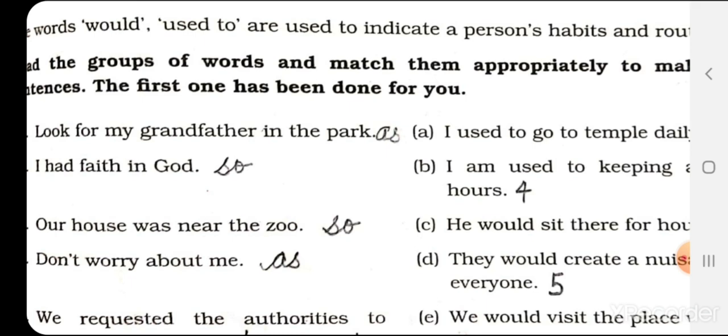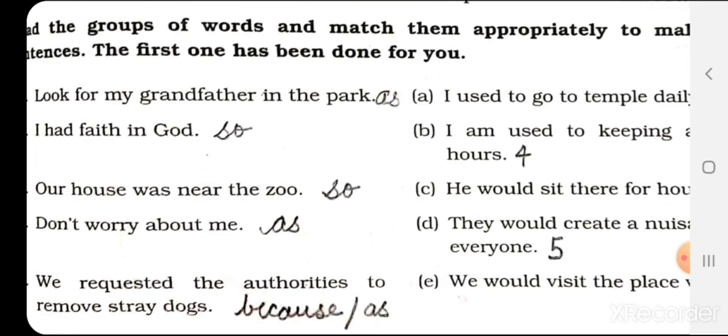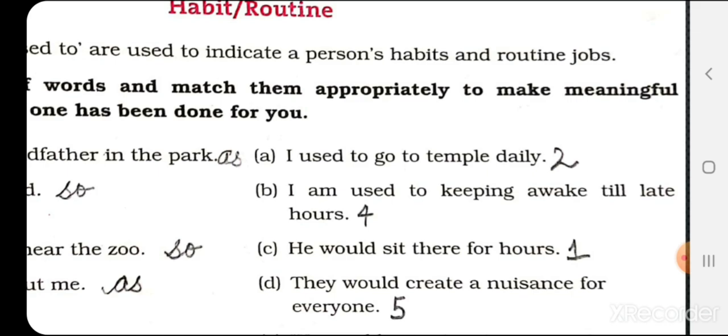Fourth one, students, don't worry about me, because I am used to keeping awake till late hours. The last one, we requested the authorities to remove stray dogs because they would create a nuisance for everyone. Like this, students, you can match these two columns and then write down in the space provided to you.